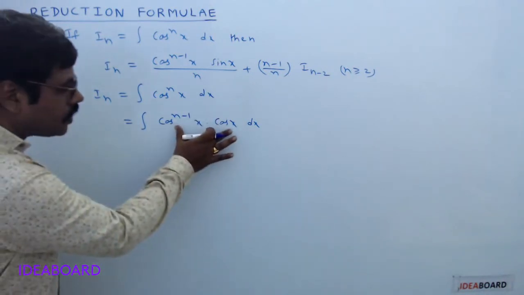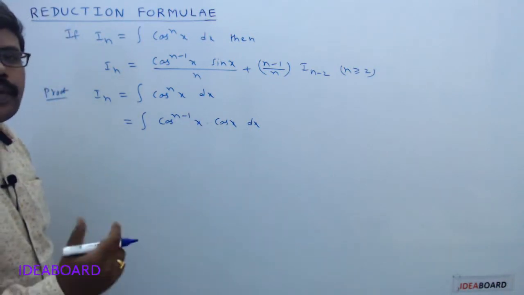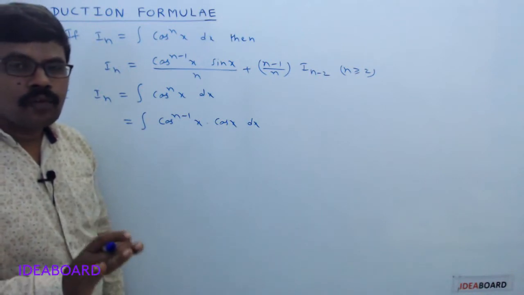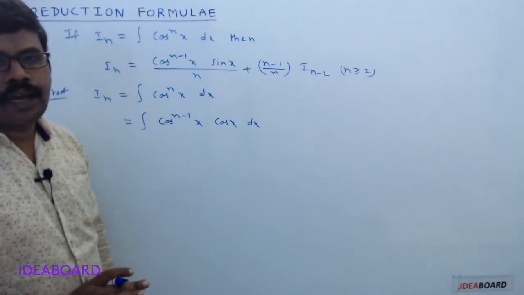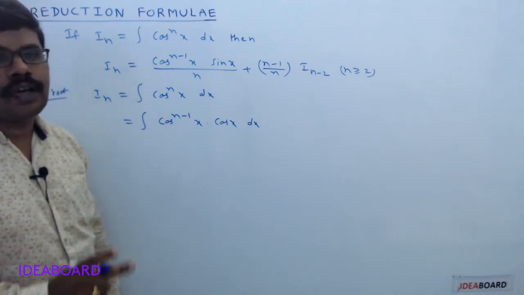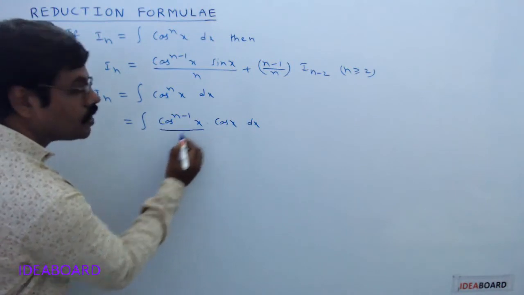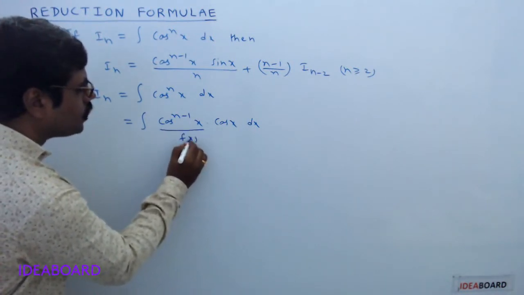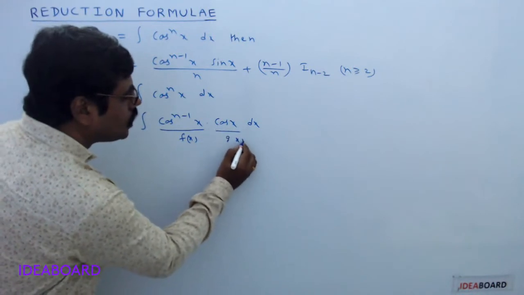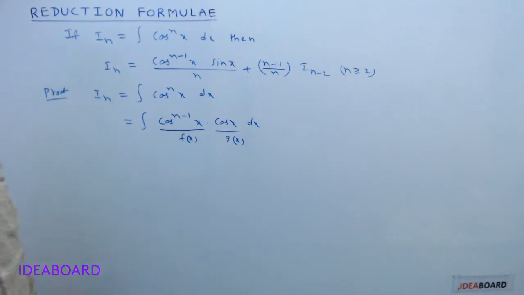Here the integrand contains a product of two functions, so you can apply the integration by parts formula. Before you apply it, first select the functions f of x and g of x. Let us consider cos power n minus 1 x equals f of x and cos x equals g of x.